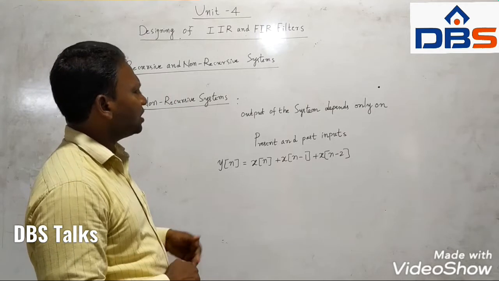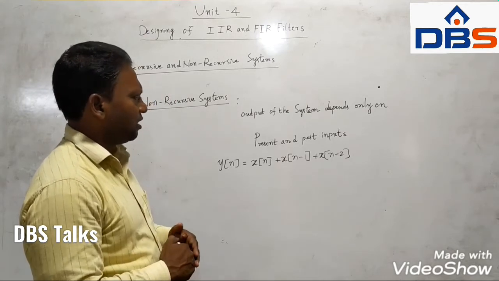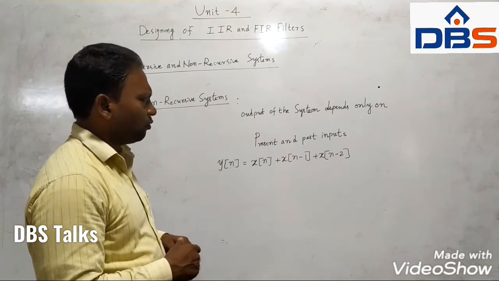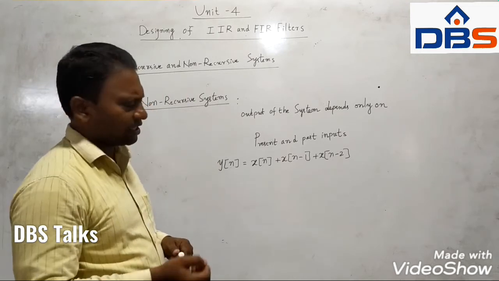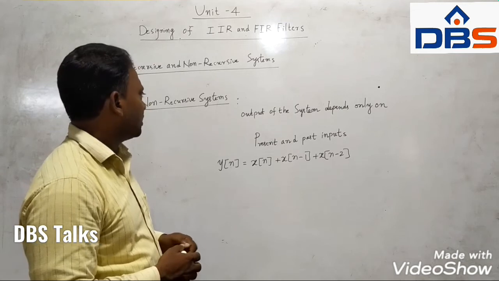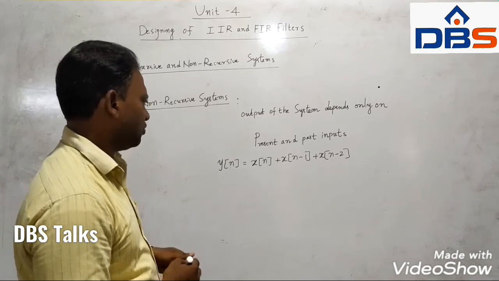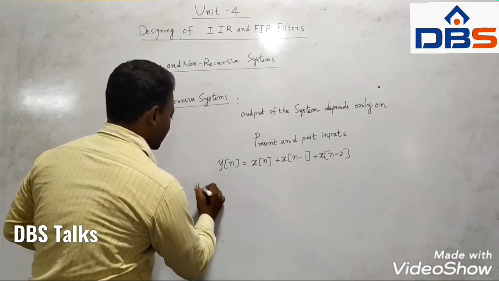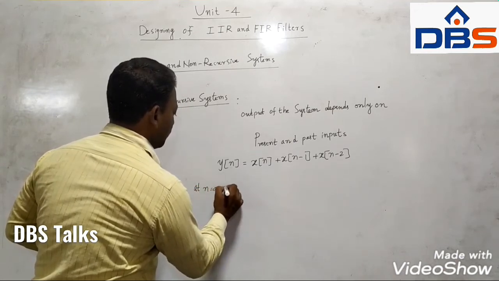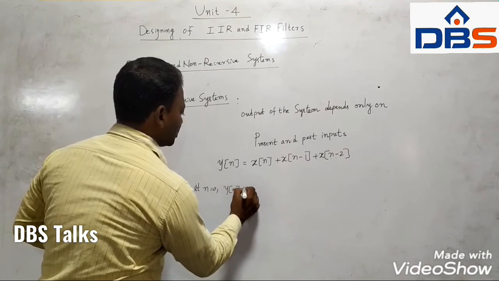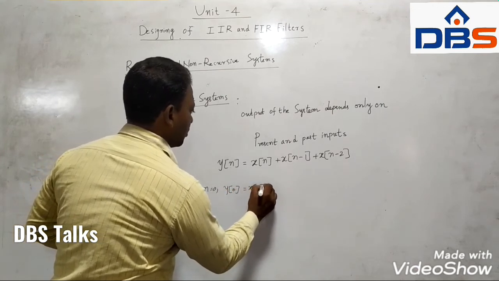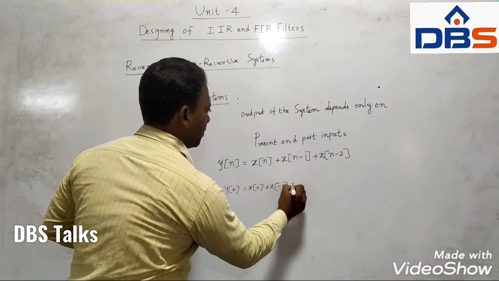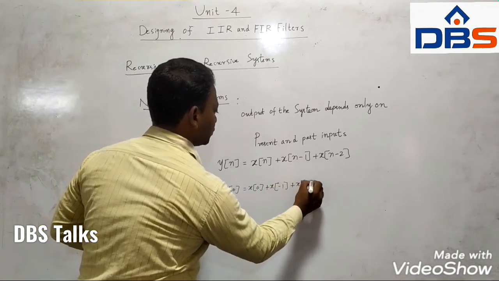For example, FIR systems, we can design in both the ways, but mostly FIR filters are designed by using non-recursive realization. So you can check it at n is equal to 0. What is y of 0? y of 0 is equal to x of 0 plus x of 0 minus 1 is minus 1 plus x of 0 minus 2 is minus 2.